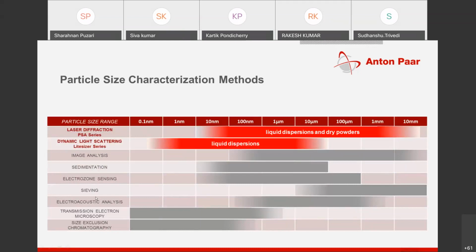Every instrument has its limitations with respect to size and technology, but laser diffraction has a broad range, from 10 nanometers up to a large size. This is the reason why laser diffraction is more famous for particle size analysis than any other method.